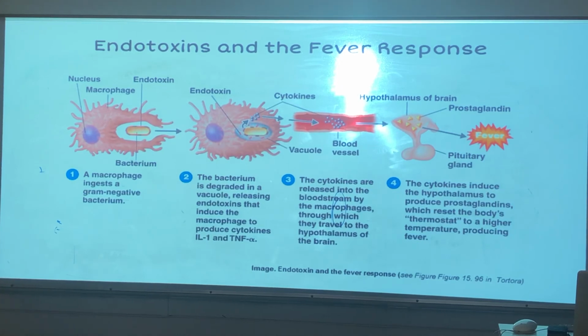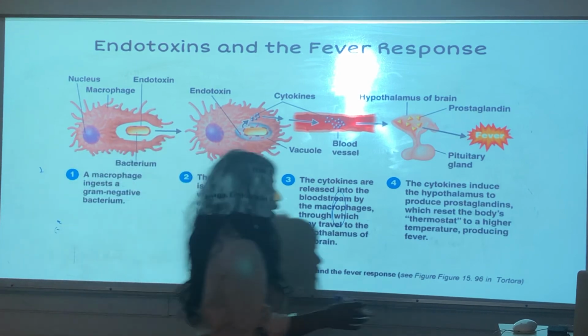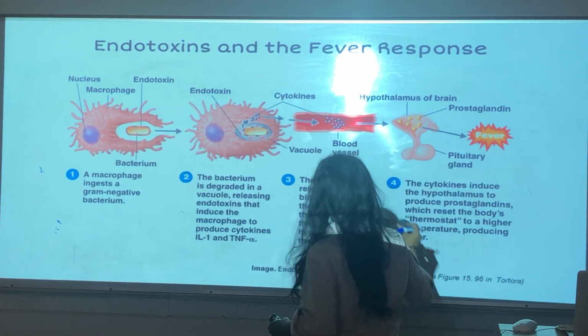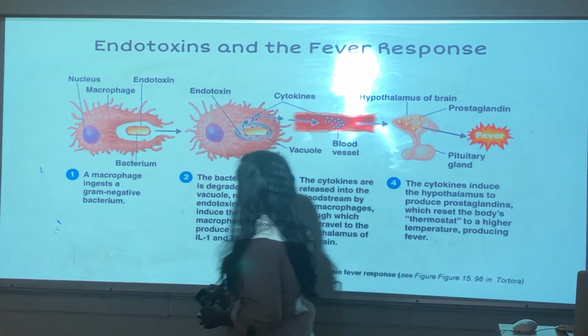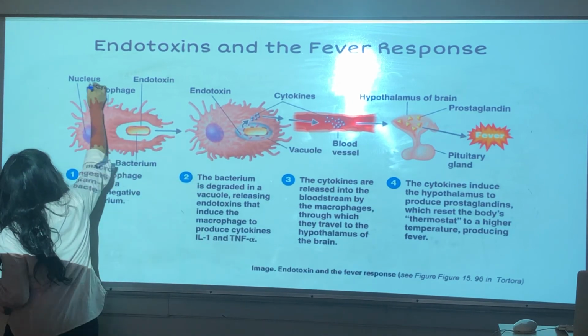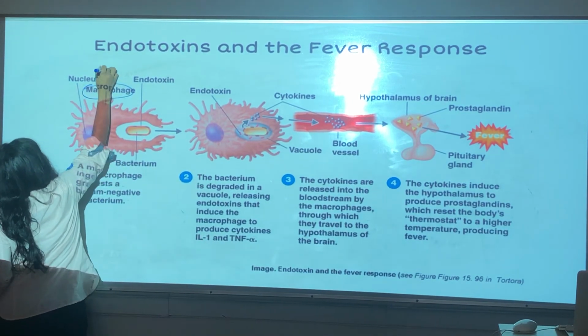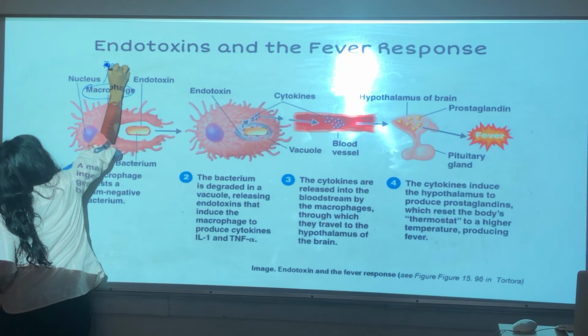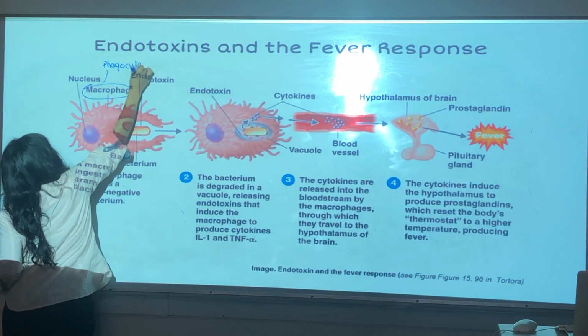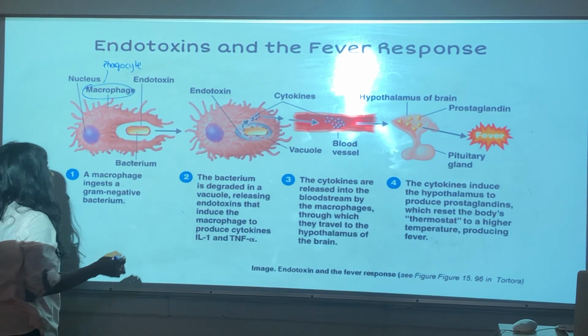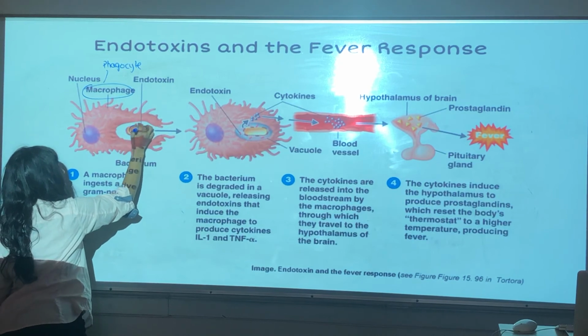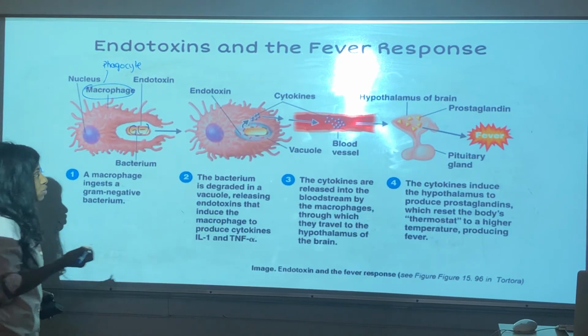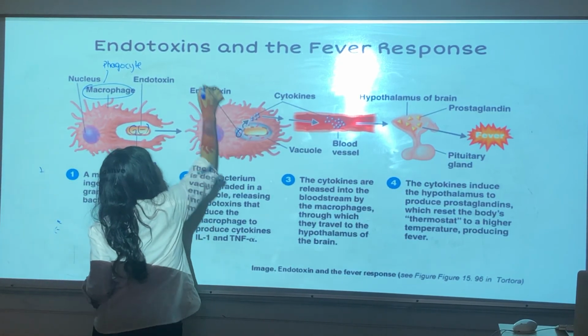As we went over, endotoxins are involved in the fever response. In this fever response, our phagocyte will eat this gram-negative bacteria, and once it eats the gram-negative bacteria, the endotoxins get released.